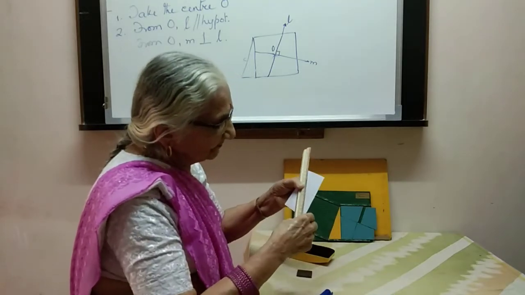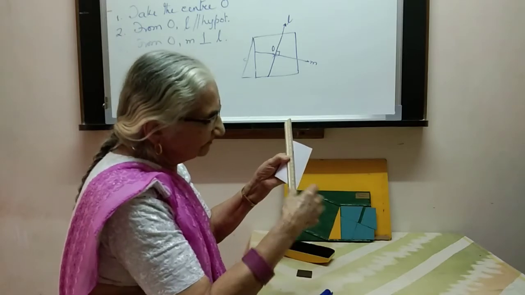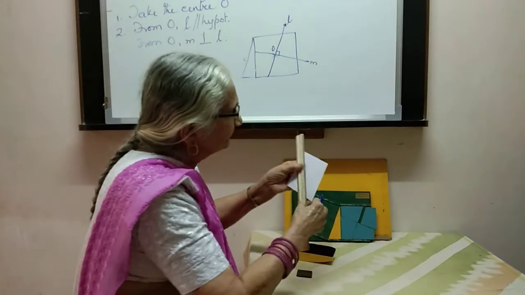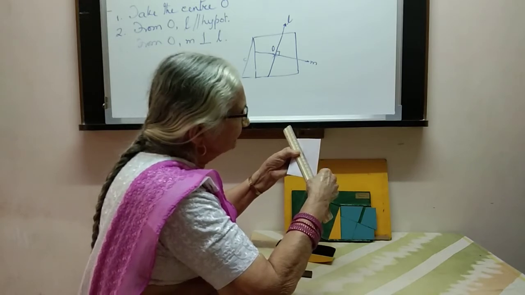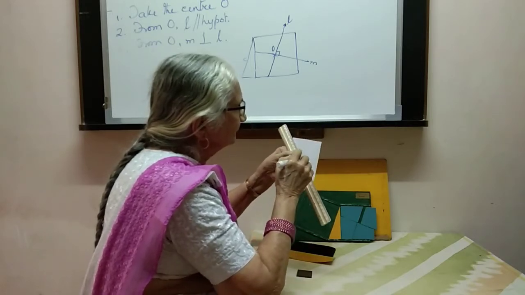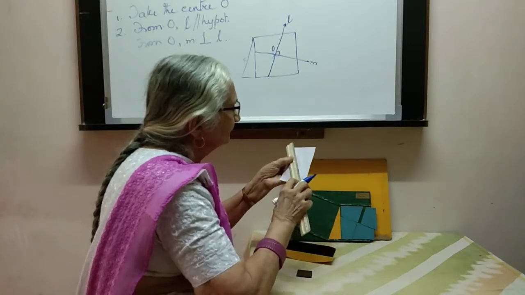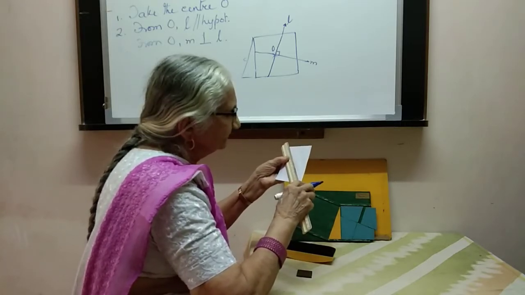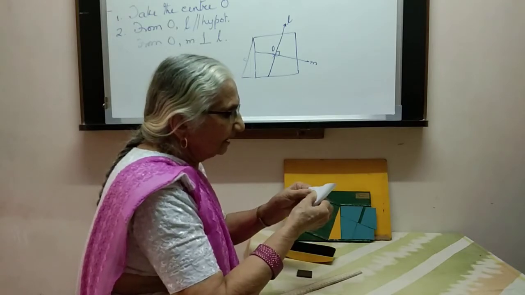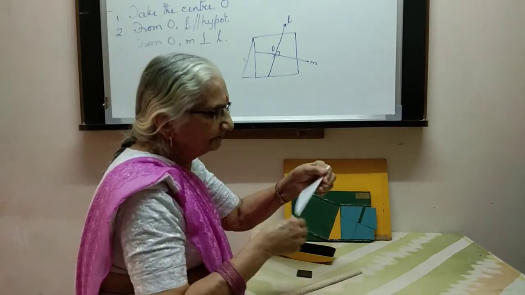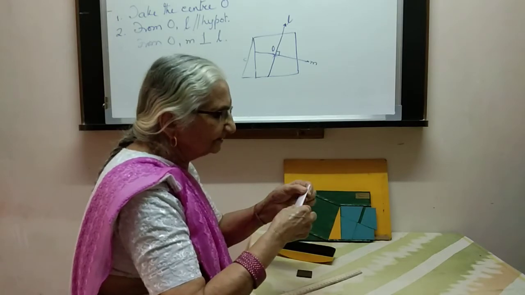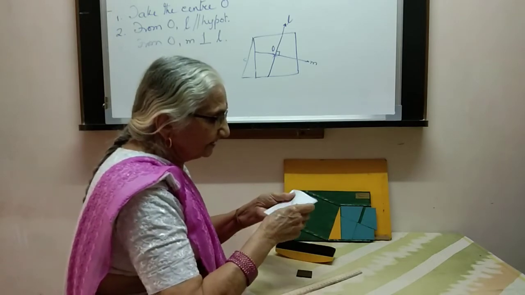Now what we do is, first step, or you can even, without marking, just fold, and where the two folds intersect, I think this will be more exact. This is the center.